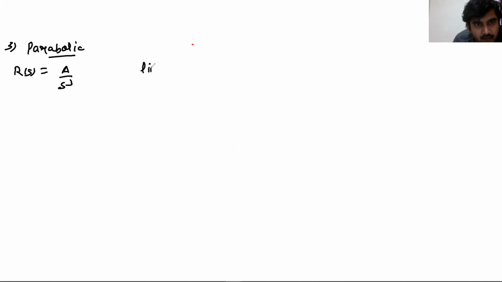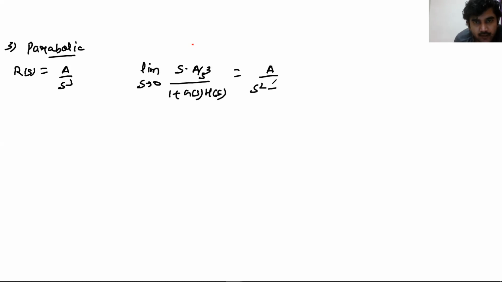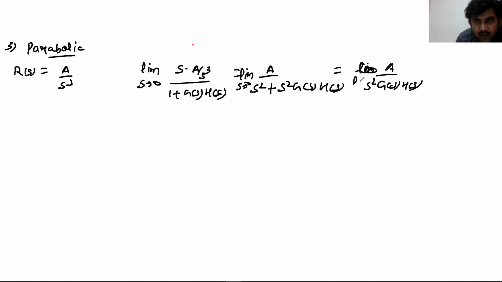Error is given by limit s tends to 0, s into A by s cube, over 1 plus G(s)H(s), which is A by s square plus s square G(s)H(s). The limit is here also. If s is tending to 0, then this term becomes 0.